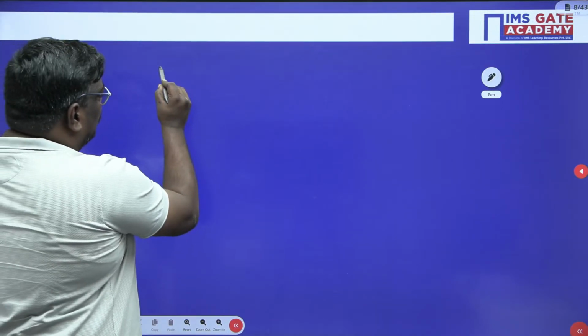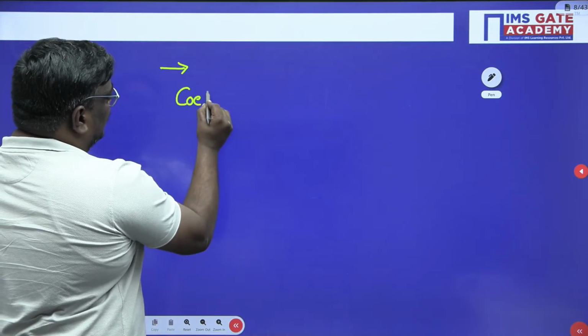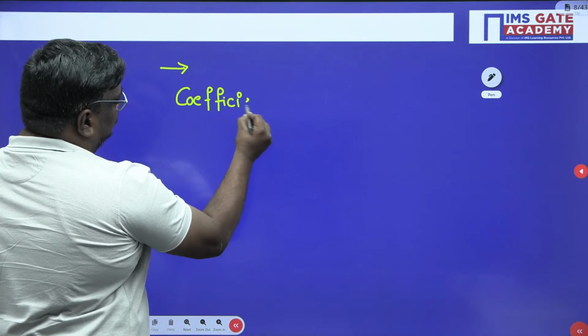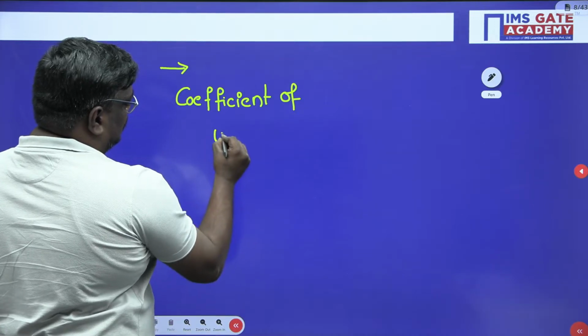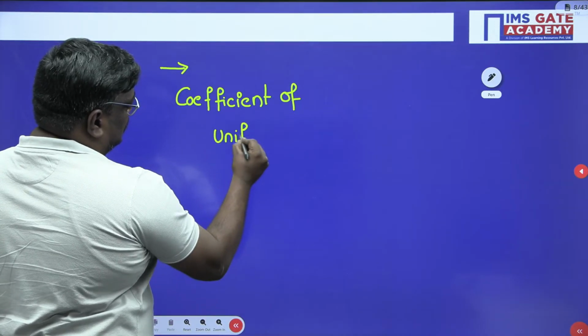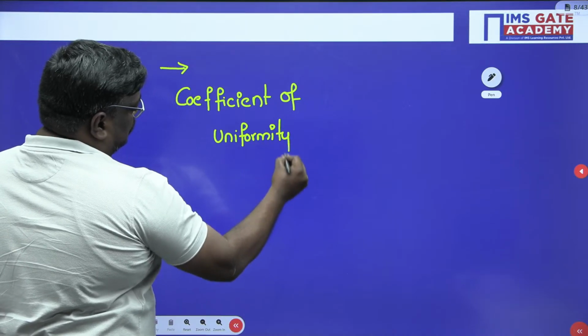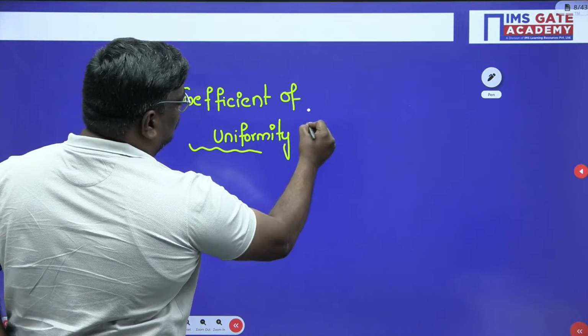Now coming to the most important one, that is coefficient of uniformity. Next one we have is coefficient of uniformity.